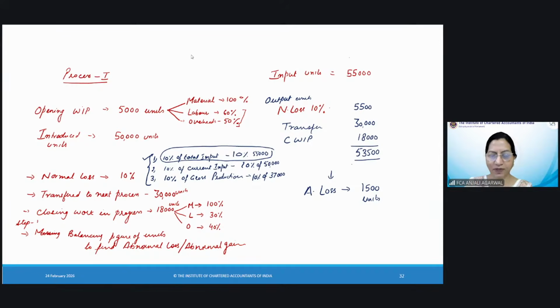Equivalent units will come into the picture when we calculate the equivalent units as far as material, labor, and overheads are concerned. First step is to find out the balancing figure looking at the overall units, not the equivalent units. All right, you can go for break.